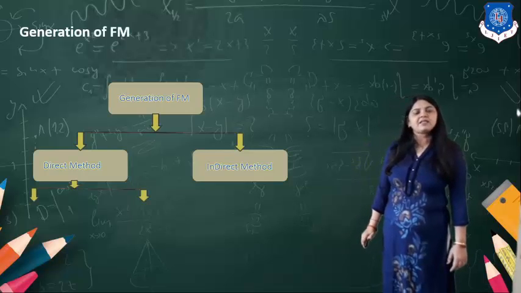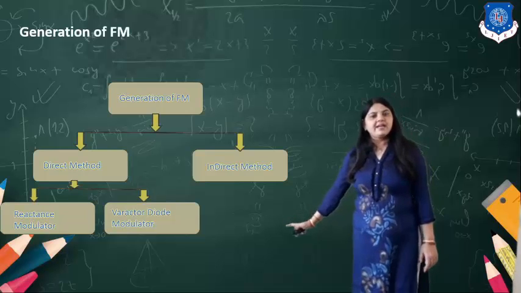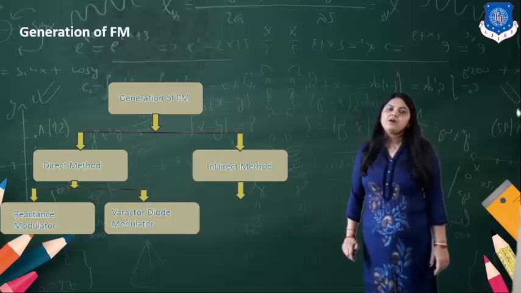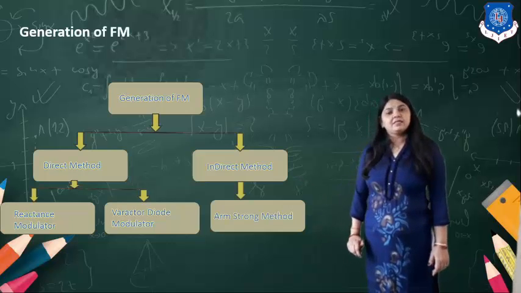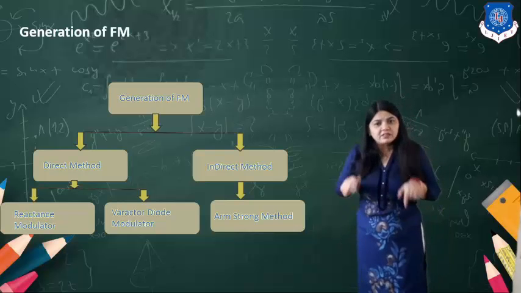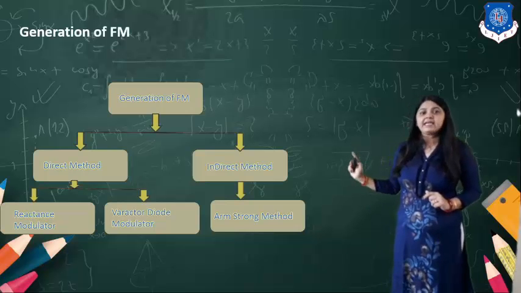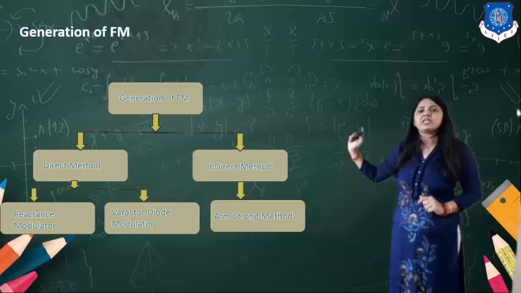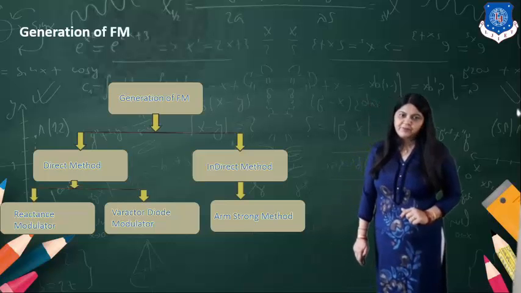The direct method has two methods, the reactance modulator and the VARACTOR diode modulator. The indirect method is the Armstrong method. In this video, you will learn about the direct method of generating the frequency modulated wave.